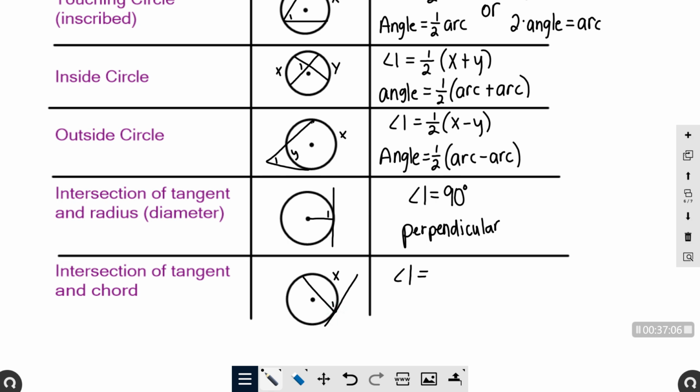It's on the circle. So if it's on the circle, then it is half the arc. So the angle equals 1/2 arc. No, not just 1/2 arc. I was going to put minus arc. Just 1/2 arc. Or you could go the opposite way. Double the angle and it equals the arc.